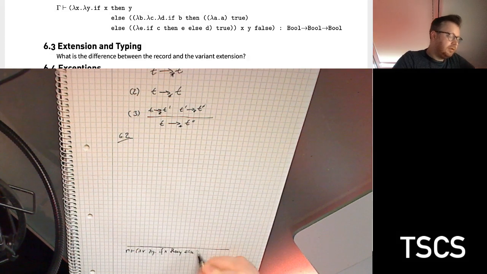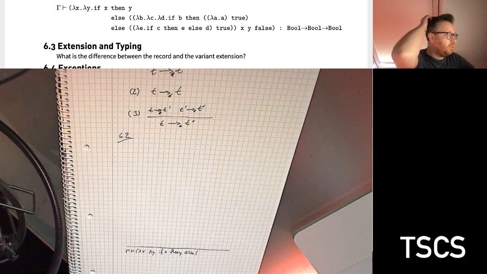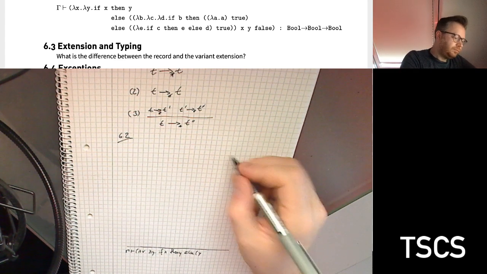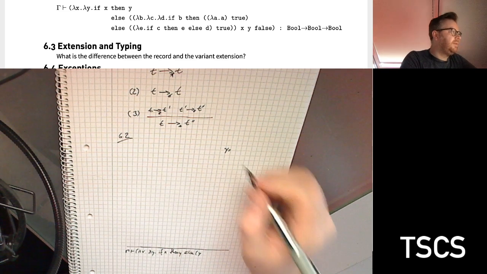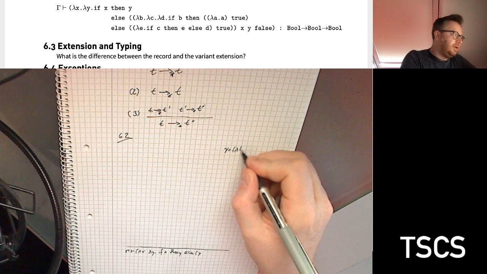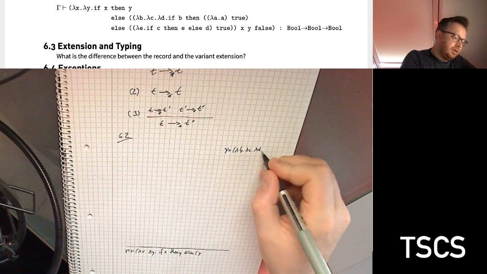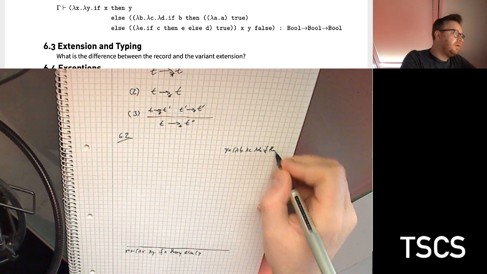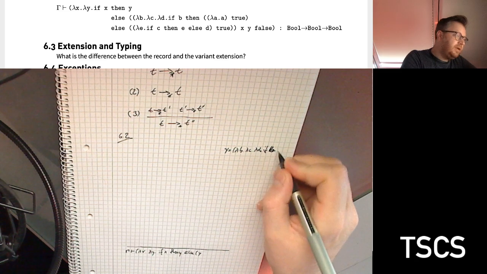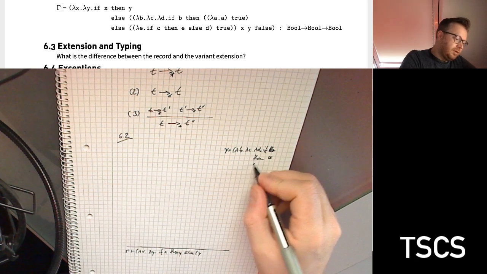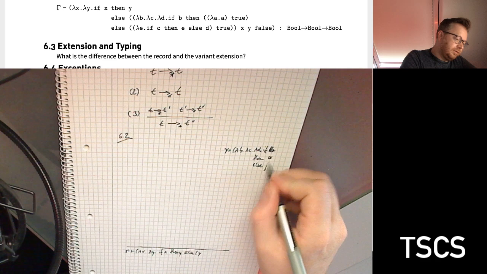So else, now we need a function for that. I'm just going to stick with the solution, calling that gamma. And let's note down here what gamma is. And gamma is lambda b, lambda c, lambda d, and the body is if b then alpha else beta.